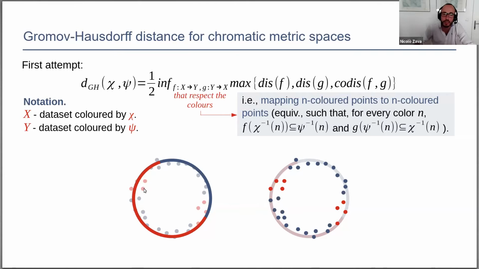In this example, our red point here has to be mapped to a red point, and cannot be mapped to a blue point, which was actually the map that allowed us to say that the Gromov-Hausdorff distance between the monochromatic shapes was small. And the same for blue. Any blue point must be sent to a blue point. This seems to be reasonable. It respects the colors.